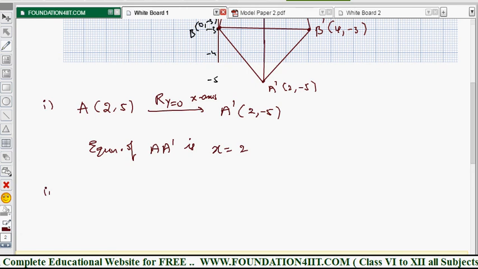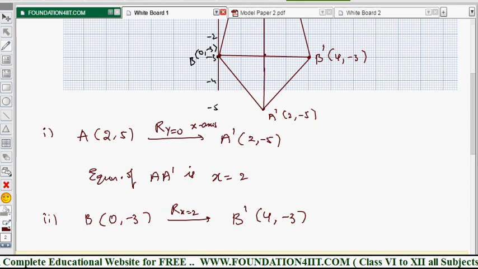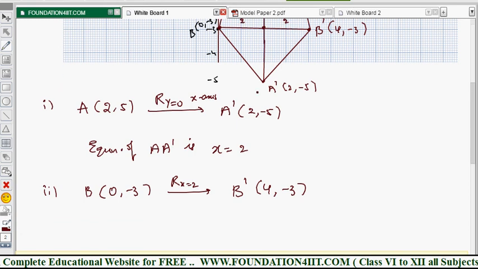And the second one is B (0, -3), that is reflection on x is equal to 2. Then B dash is (4, -3). Okay, two steps, 2 plus 2, so 4 steps you should take. So x value comes to the 4 position. It is 2 units, 2 units, total 4 units.